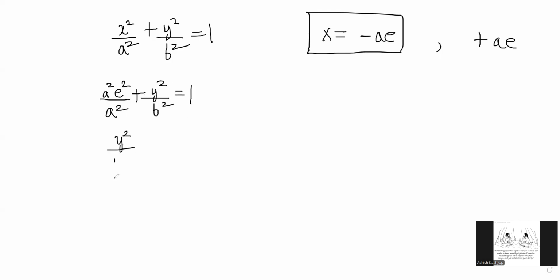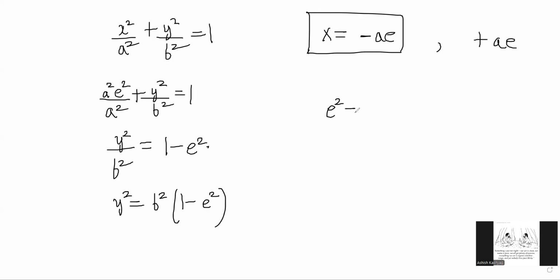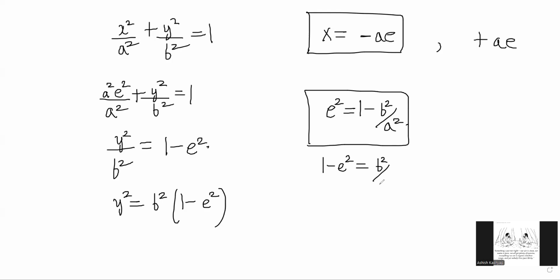So y²/b² = 1 - e². And then y² comes out to be b²(1 - e²). Now, if you remember, the result was e² = 1 - b²/a². So therefore, 1 - e² is simply b²/a². So this becomes b² times b²/a², and that is b⁴/a².